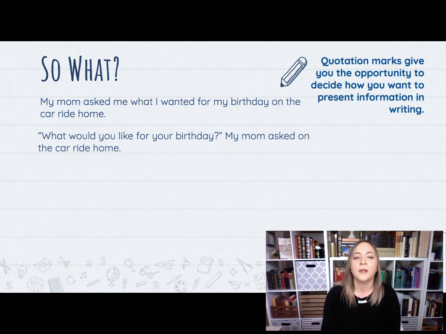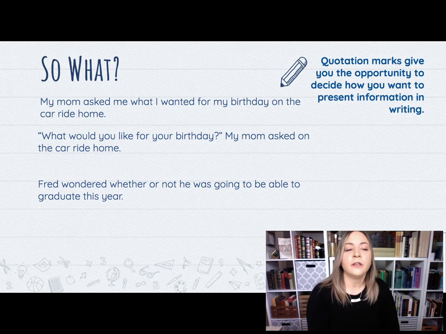The mom says it out loud: "What would you like for your birthday?" my mom asked on the car ride home. So, a minor difference, but in one, what's been said is paraphrased. It's not that she said that exactly. She could have hinted at it or said, what are you hoping for your birthday? In the second example, we know that's exactly what the mom said.